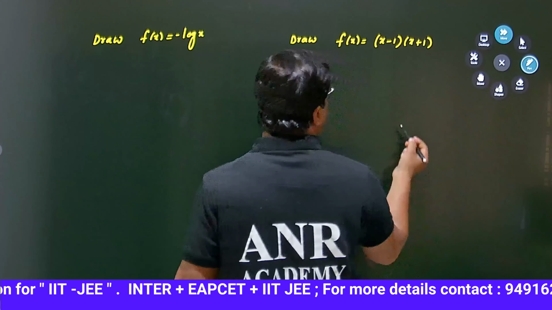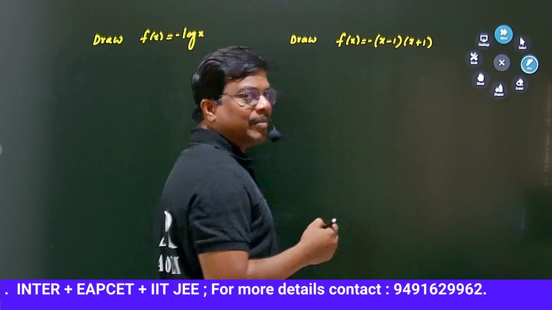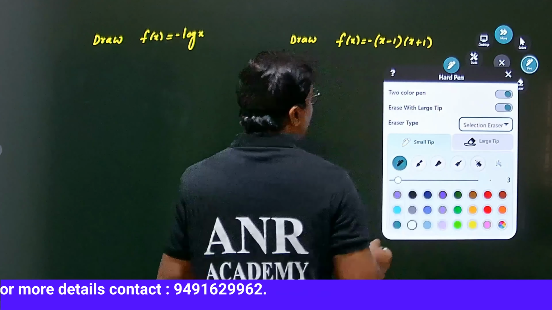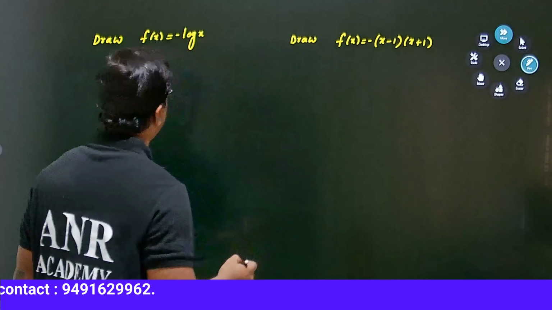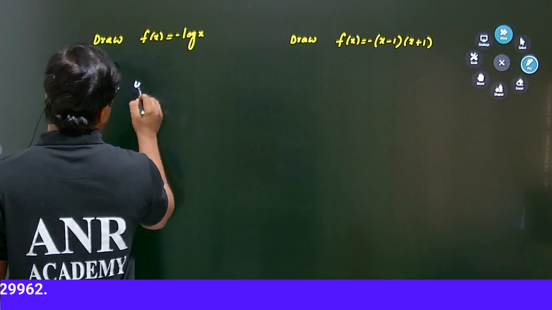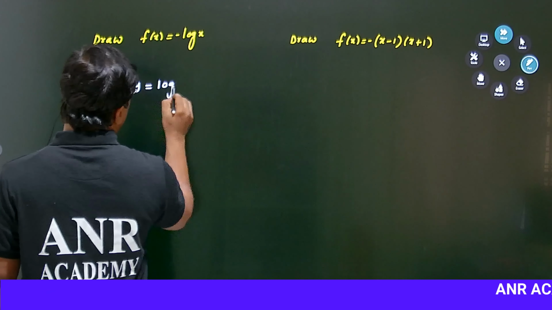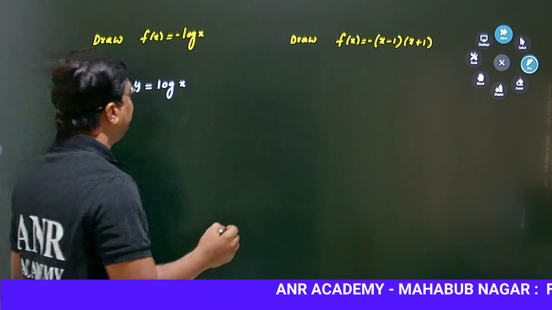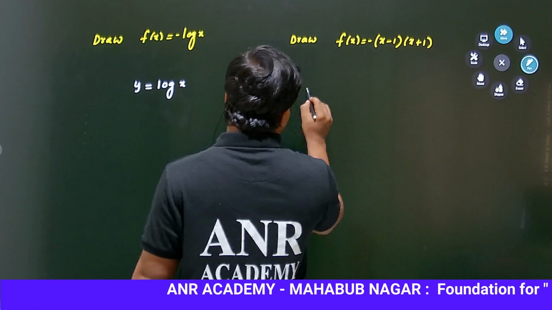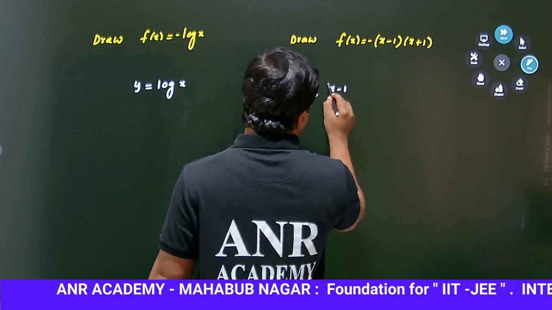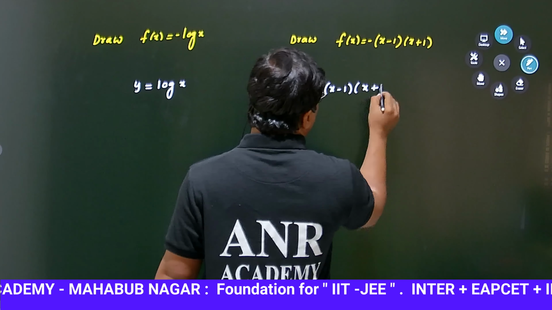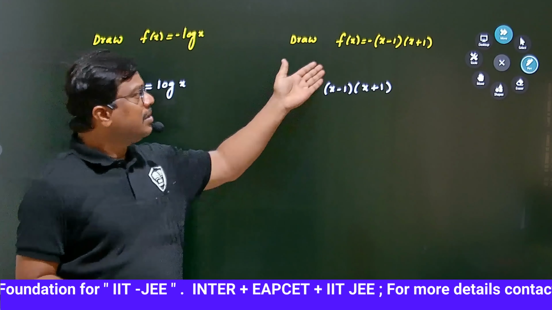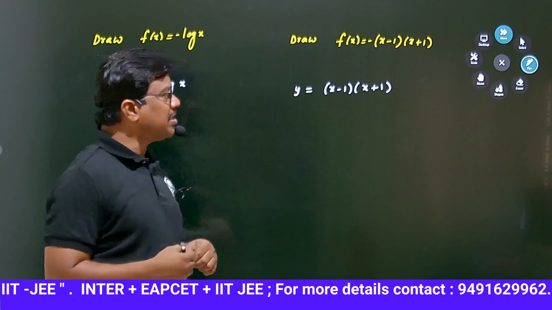Suppose this is the question. Outside here it is a minus sign. You are familiar with the graph of log x first. So from the graph of y equal to log x, you have to reach the graph of minus log x. And here in the second case, if you know the graph of x minus 1 into x plus 1, then you can easily transform to minus of x minus 1 into x plus 1.